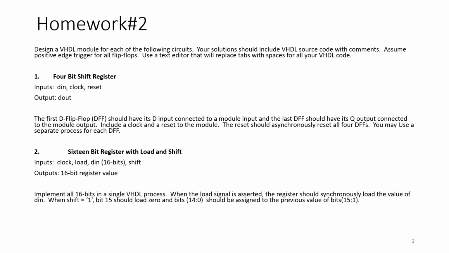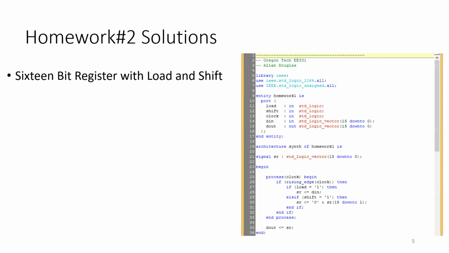We have something between 15 and 1. Bit 15 will be 0, but the rest will shift. 1 will go to 0, 2 will go to 1, 15 will go to 14. Would this do it?